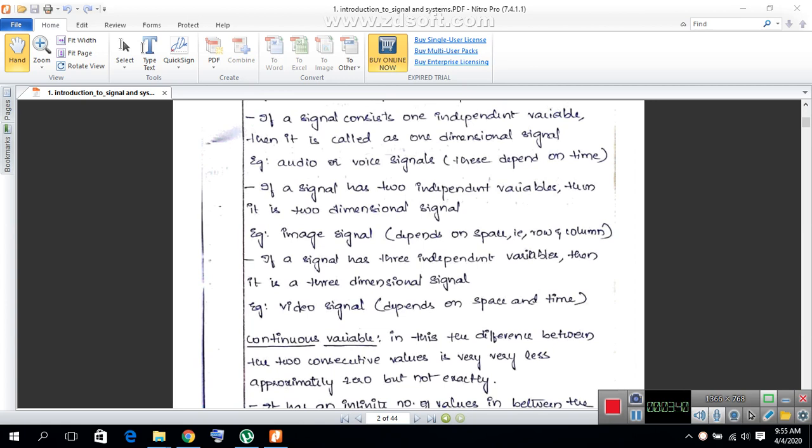The signal which has two independent variables is called a two-dimensional signal, whose example is a picture, just like the simple picture which you take from a mobile is an example of a 2D signal, and the 3D signal has three independent variables.